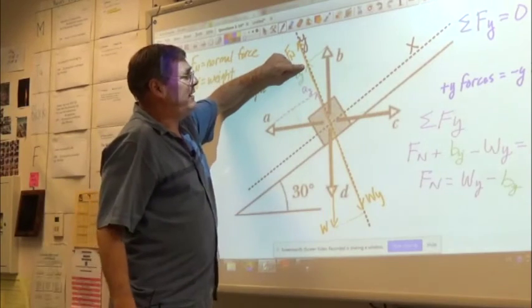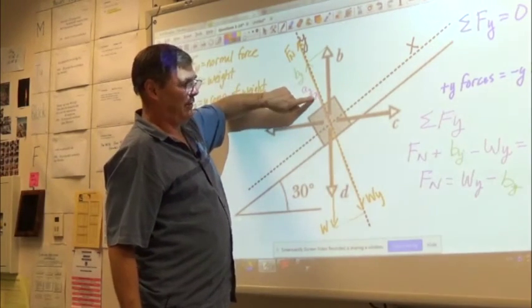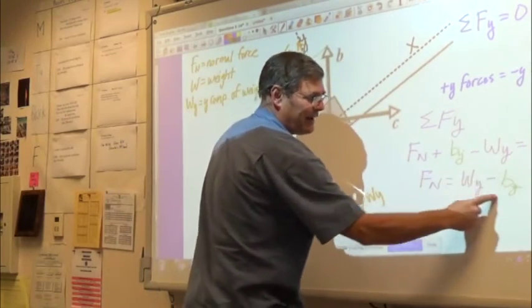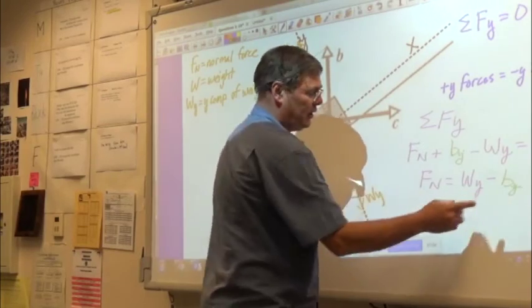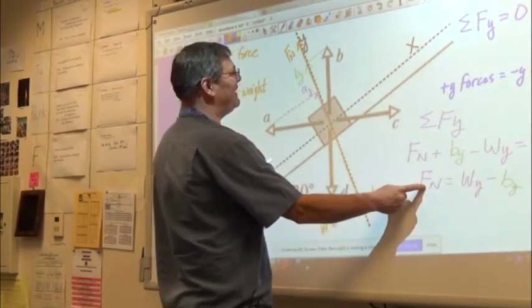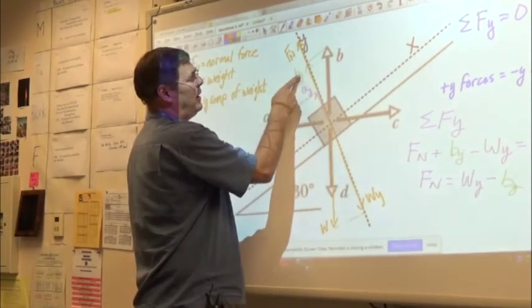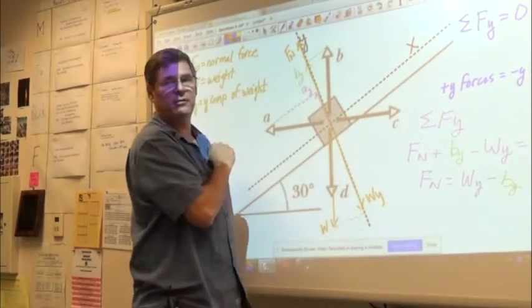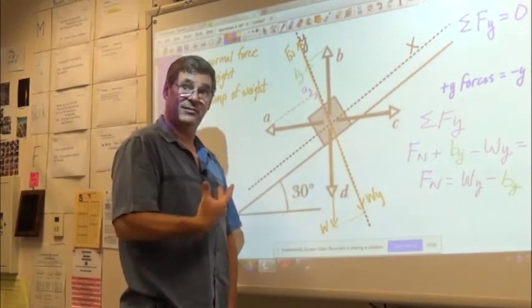And I notice that the y component of B is larger than the y component of A. So that means this right side of the equation is going to become even smaller. So Fn is going to be even less. It makes sense because if By is bigger than Ay, By is helping to oppose Wy more, and so Fn is less.